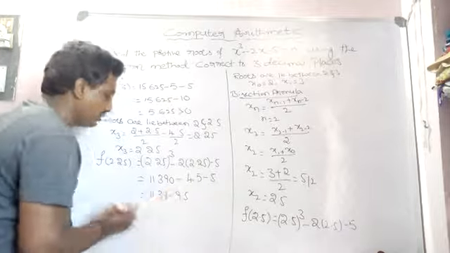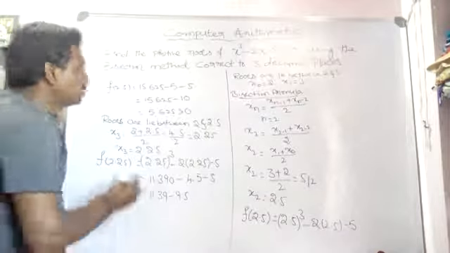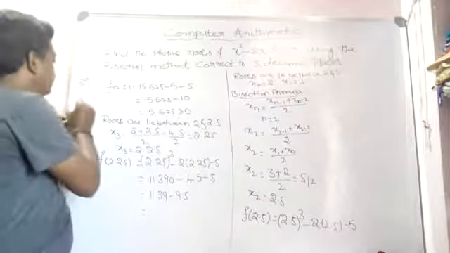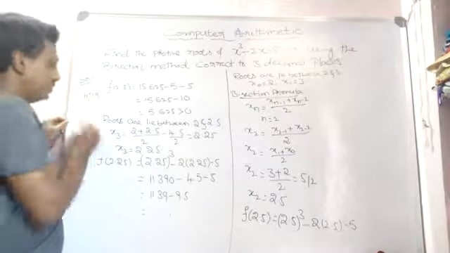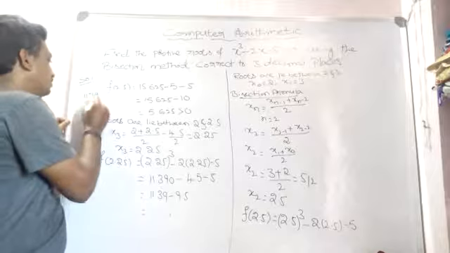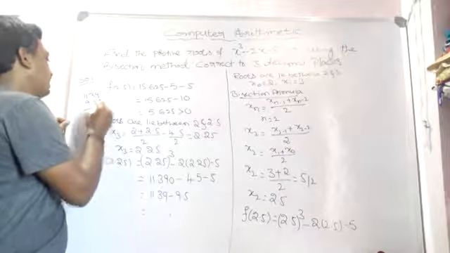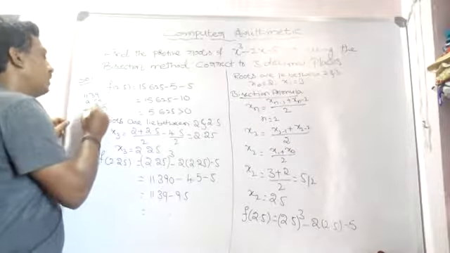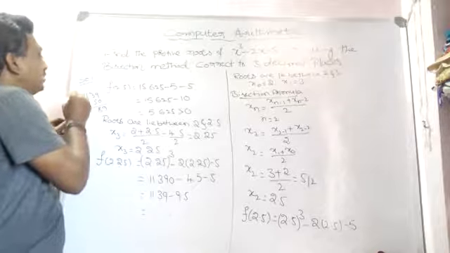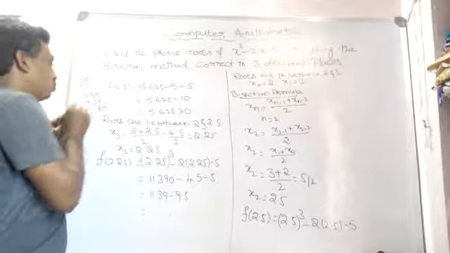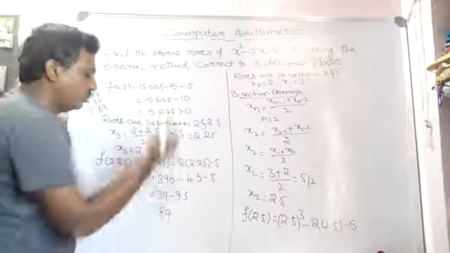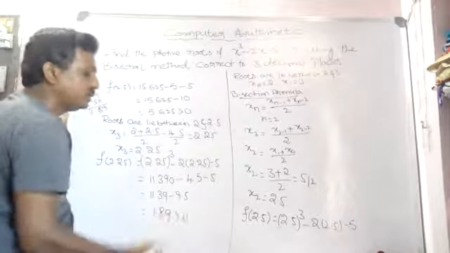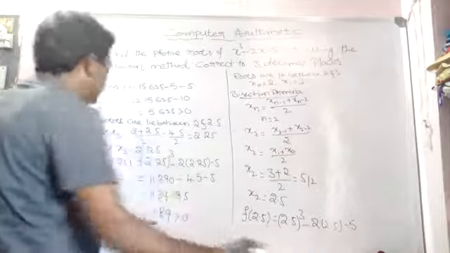So here we get a positive value, 1.89. 1.89 is greater than 0. So again we get greater than 0.